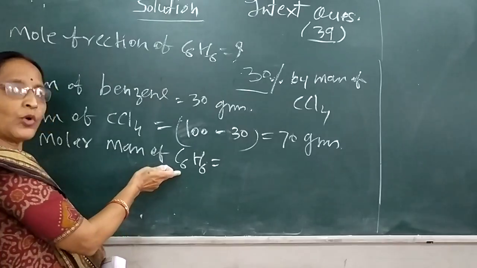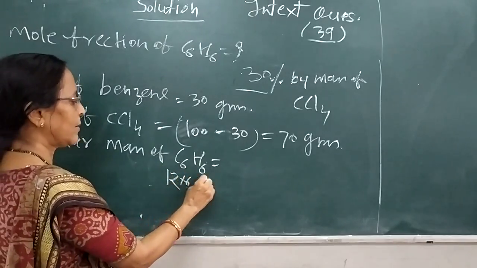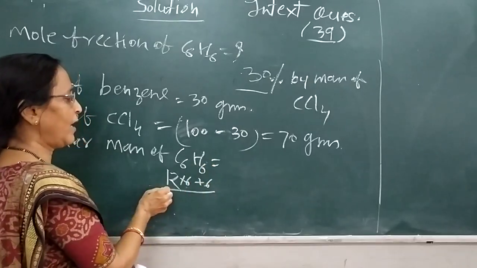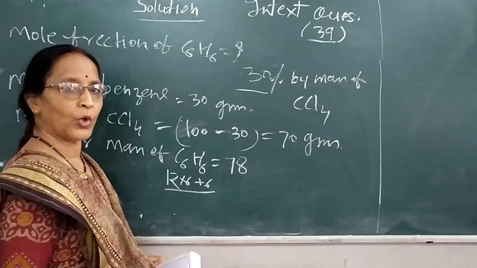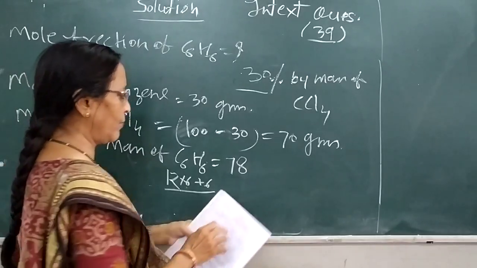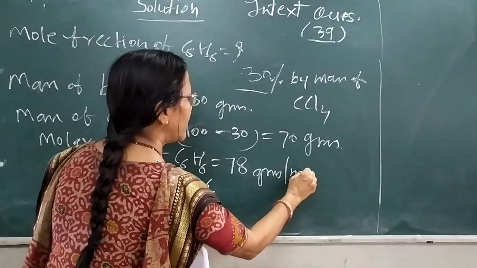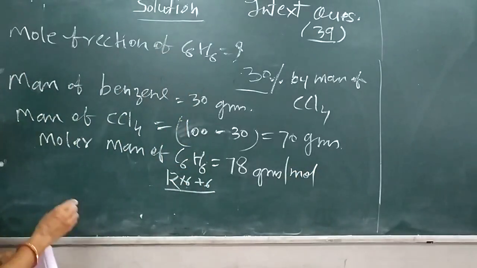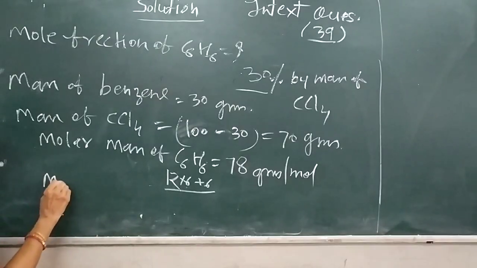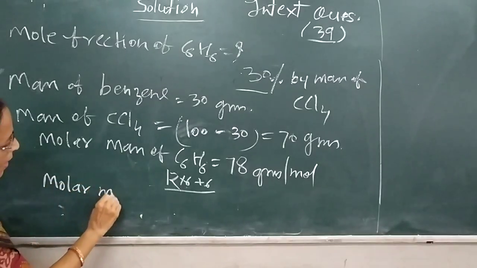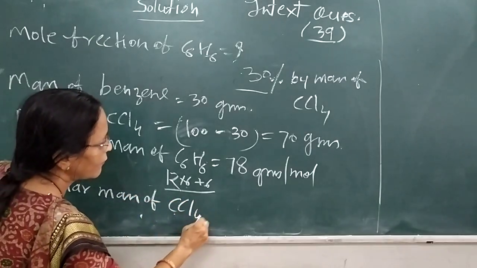Now we have to calculate the molar mass of benzene, C6H6. It means 12 into 6 plus 6, which comes to 78 grams per mole. In the same way, I have to calculate the molar mass of CCl4.